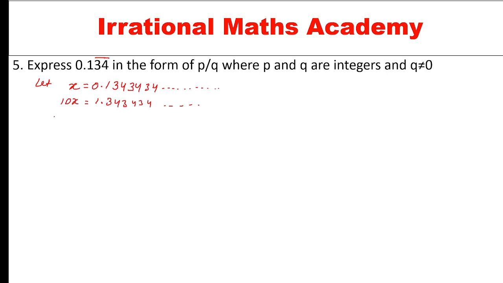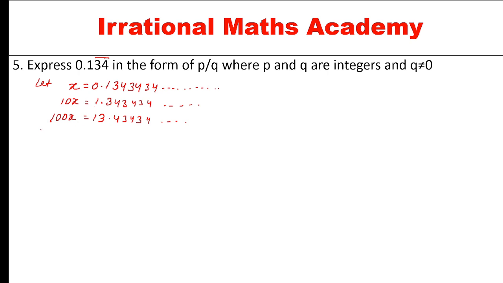So one thing I'll do, I'll multiply both sides with 100x. Now it becomes 13.43434. If I want to subtract from any of these, I am not able to, because after the decimal I'll get something.